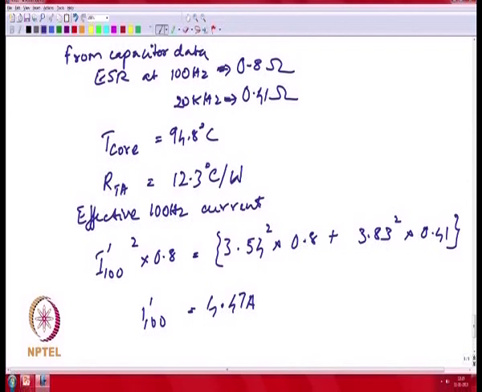From a thermal perspective, we had seen again from the data sheet that if we have about 2 amps per capacitor and it is operating at an ambient of 55 degrees centigrade, you can expect about 3000 hours of life.